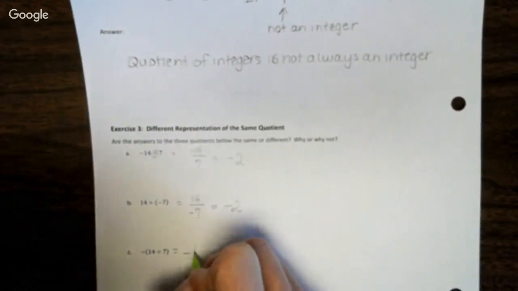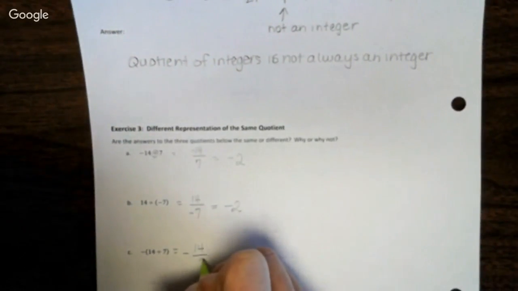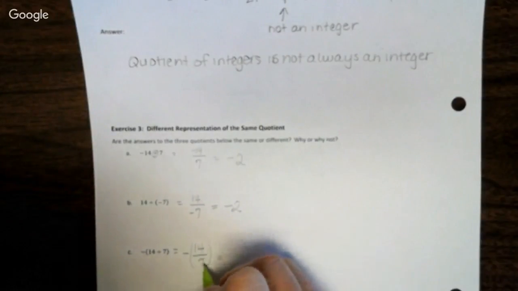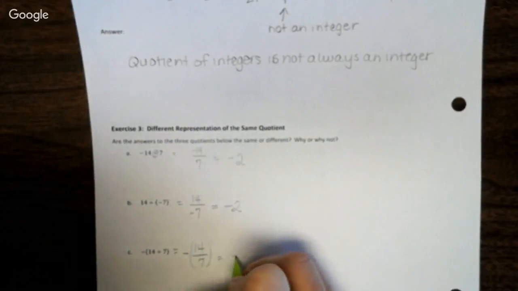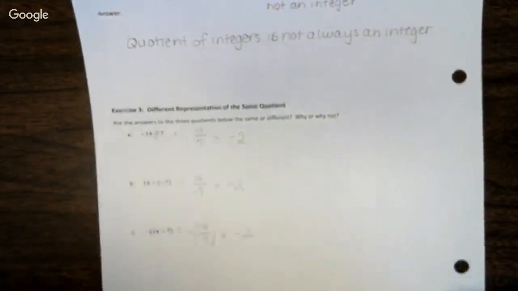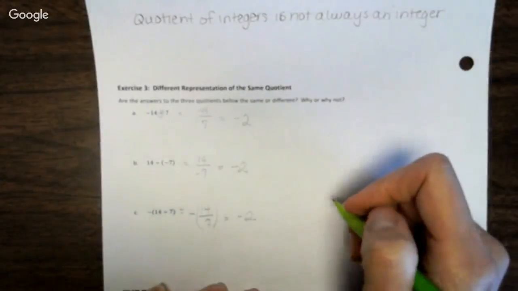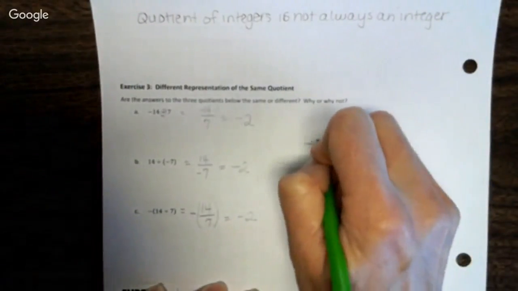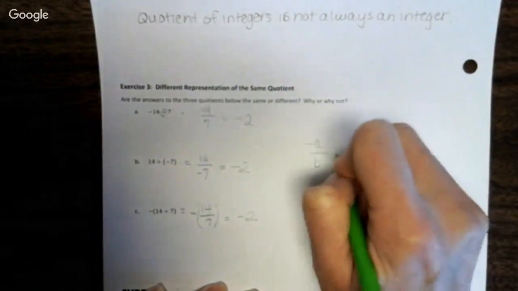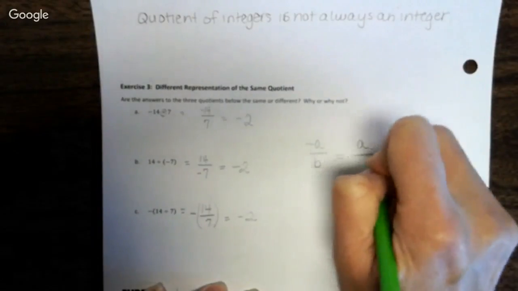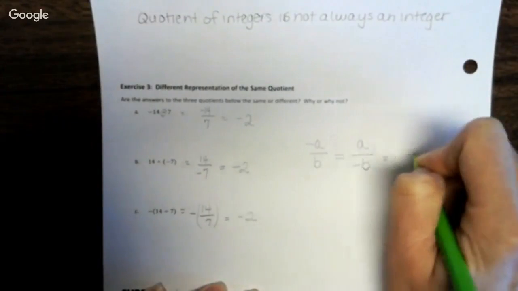This one has the negative sign out front, so it wants you to divide first, then take the negative. So 14 divided by 2 is 7. Now take the negative of that. Did we still get negative 2? Now, like I said before, we talked about this already. You can have the negative sign up top. You could have the negative sign on the bottom.